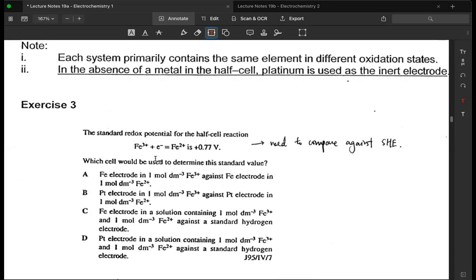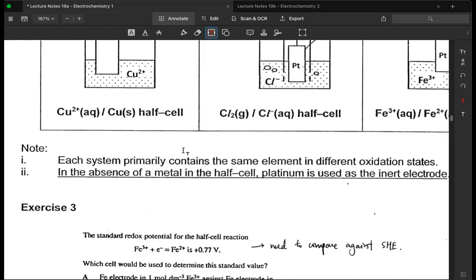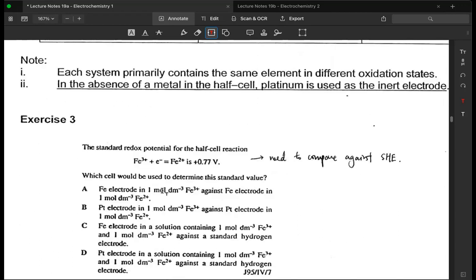Okay, one more question here. This is the standard electrode potential or redox potential. They were asking which cell is used to determine this standard value. If you want to check this, you need to compare against SHE and not compare with the other ion, because they are using the word standard. So it must be connected to SHE.